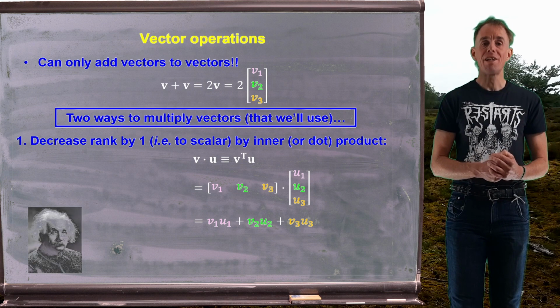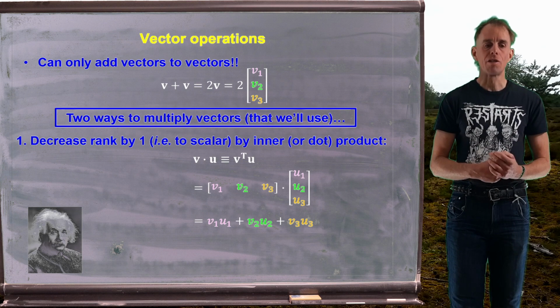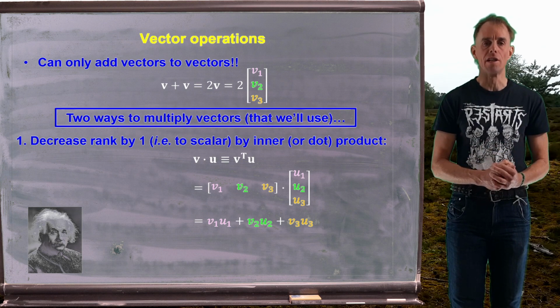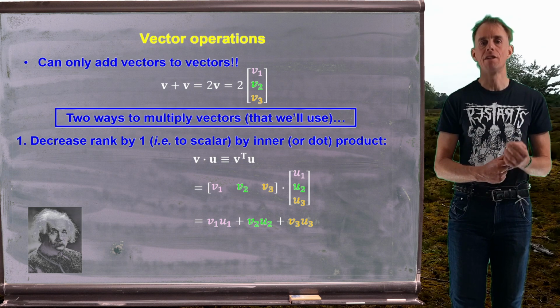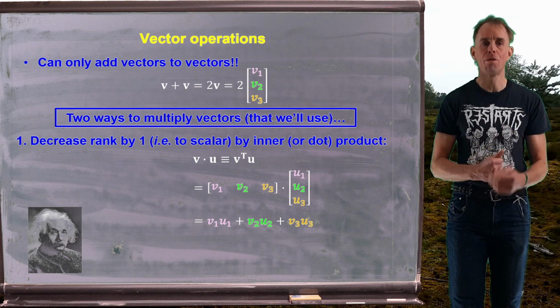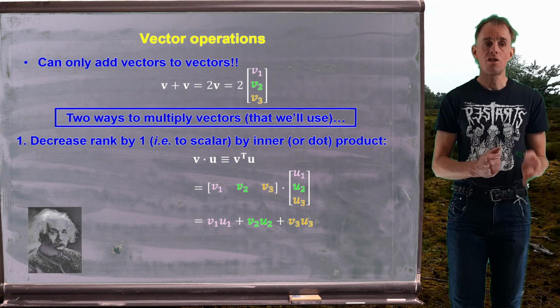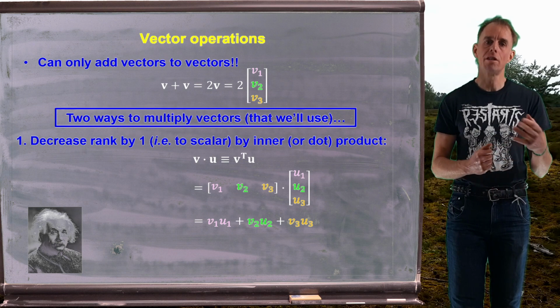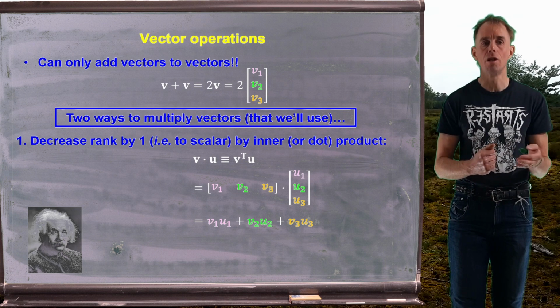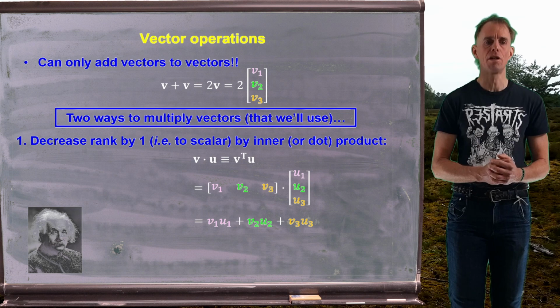Now, there was a very clever chap at the turn of the 19th century, Albert Einstein, and amongst all the amazing things he did, he also invented a notation for compactly describing how we operate with scalars, vectors, and tensors. So Einstein's summation convention, which I'm going to call just more simply summation notation, can describe very precisely how we do this inner product.